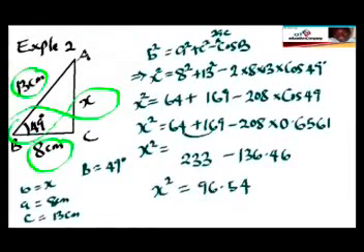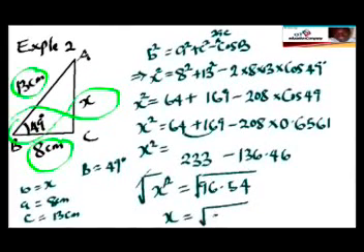Now I want to make x the subject of the formula. That means I have to take the square root of both sides, so that the square cancels out the square root, and x is equal to the square root of 96.54. Let's see what we'll get.